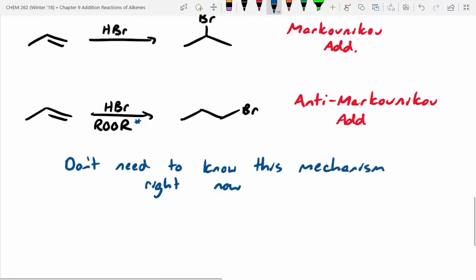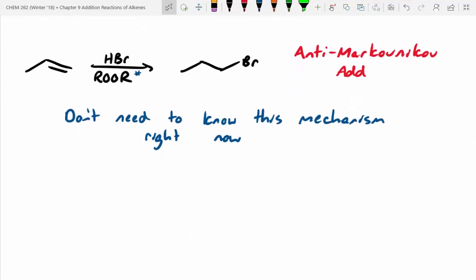This mechanism involves radical pathways, which we haven't talked about radicals yet. We will talk about radicals in chapter 11, and we'll come back and review this reaction in more detail. Does that make sense?